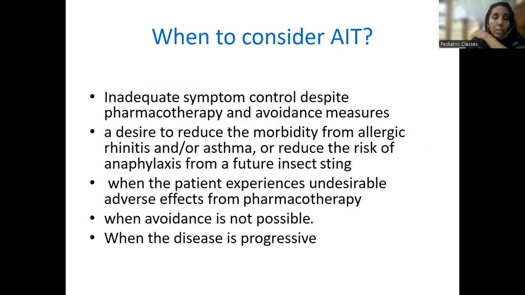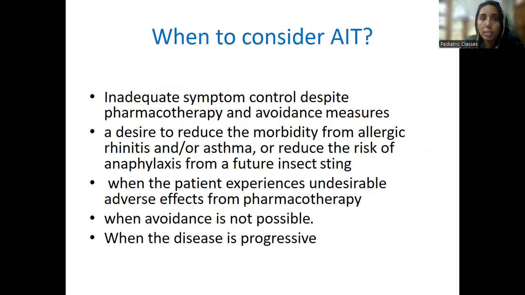If there's inadequate symptom control despite pharmacotherapy and avoidance measures, or if there's a desire to reduce the morbidity from allergic rhinitis or asthma, or reduce the risk of anaphylaxis from future insect stings, we can consider immunotherapy. Or when the patient experiences undesirable adverse effects from pharmacotherapy, or when avoidance is not possible at all, or when the disease is progressive. These are the conditions when we should think of immunotherapy.